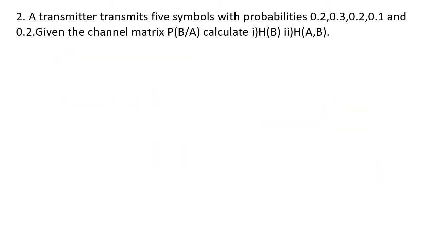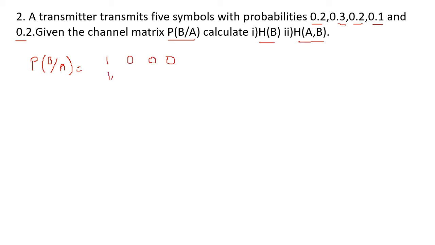A transmitter transmits 5 symbols with probabilities 0.2, 0.3, 0.2, 0.1 and 0.2. Given the channel matrix P of B by A, calculate H of B and H of A comma B. So the channel matrix P of B by A is given as: first row is 1, 0, 0, 0.